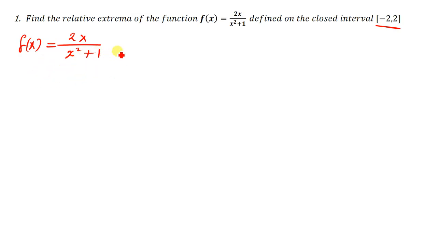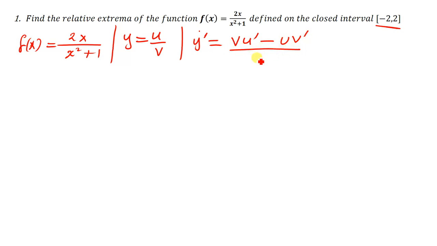The quotient rule is used to differentiate functions that are in the format u over v. It states that y prime, or f prime of x, is equal to v u prime minus u v prime, all over v squared.